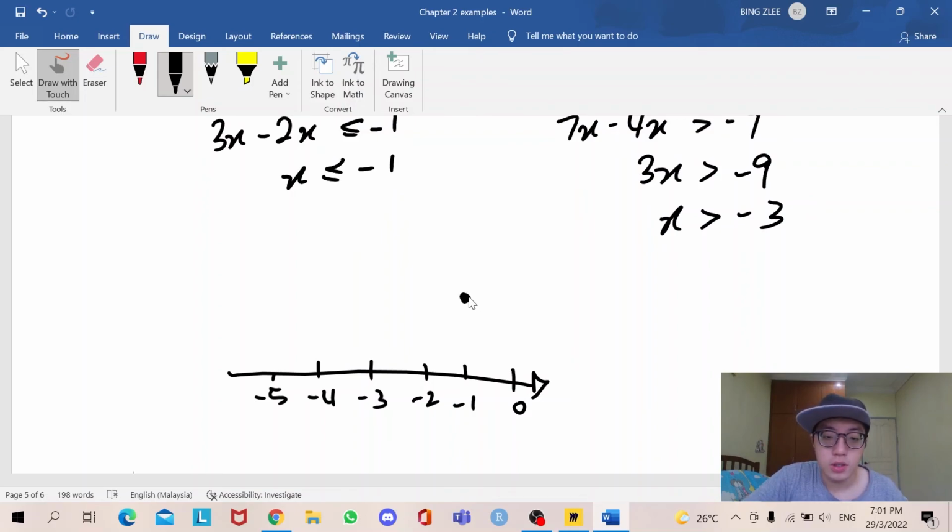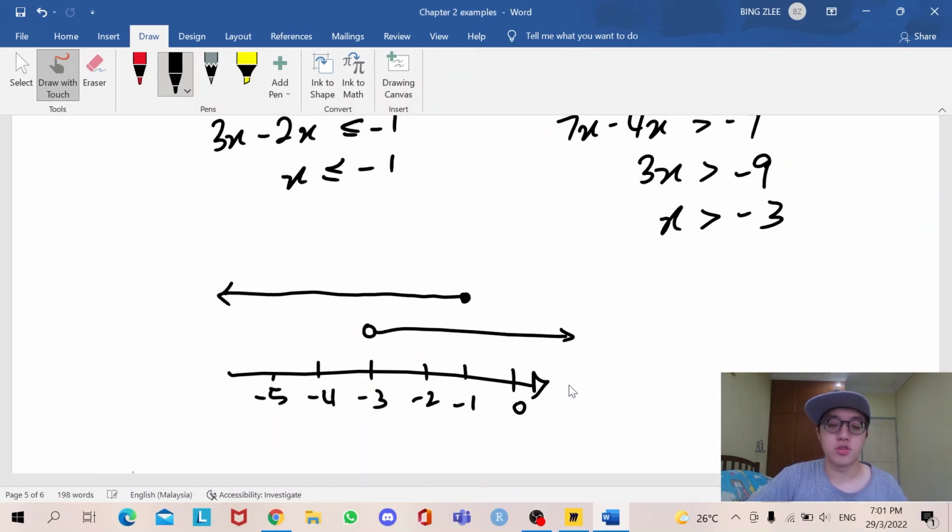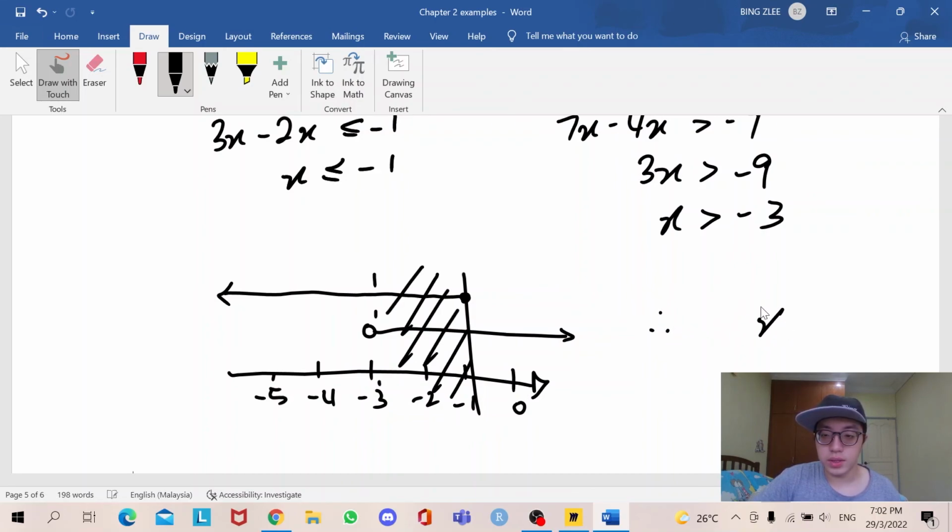So we have a filled circle here and we go all the way to negative infinity. On the right side, we have x is larger than negative 3. So it's an empty circle and goes to positive infinity. Therefore, this is the answer that we are looking for: x is in between negative 3 and negative 1.